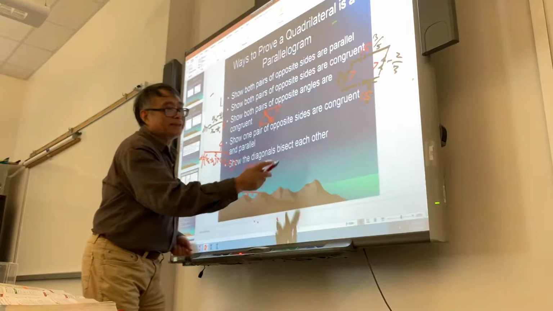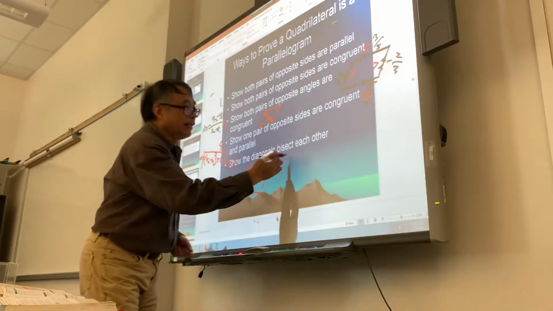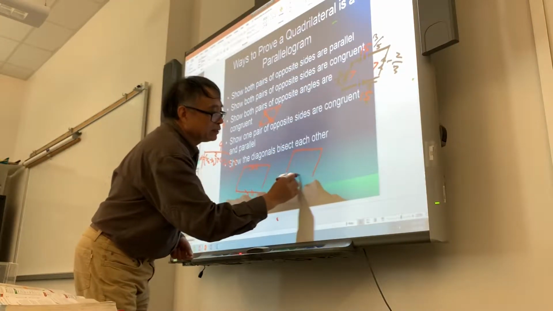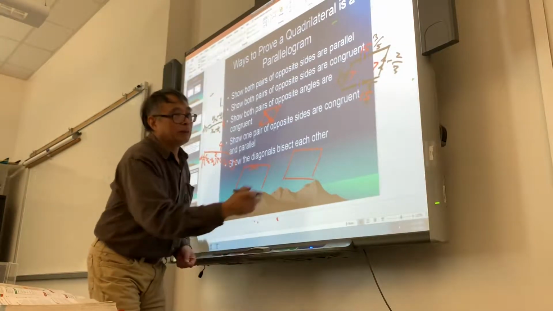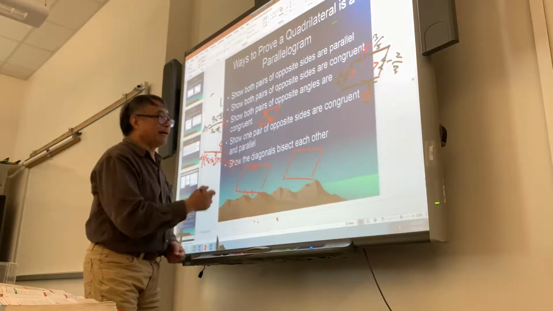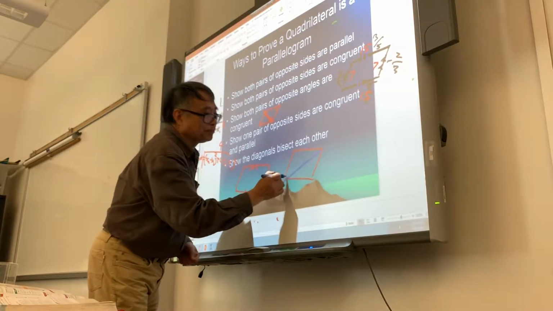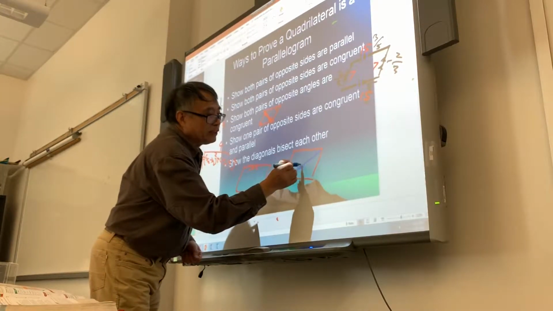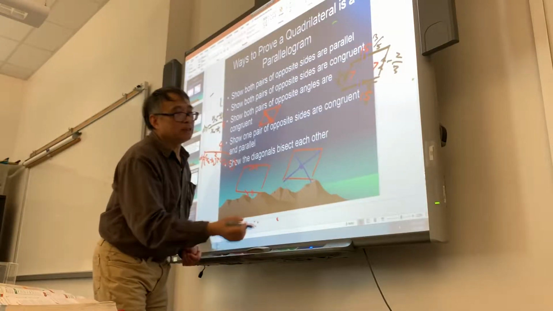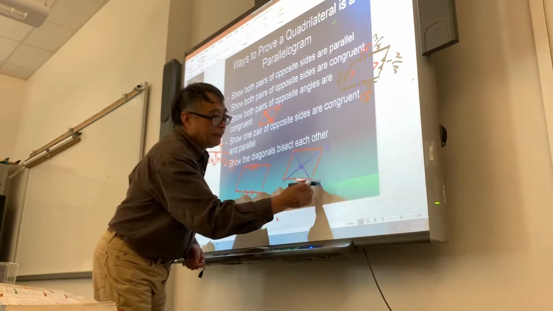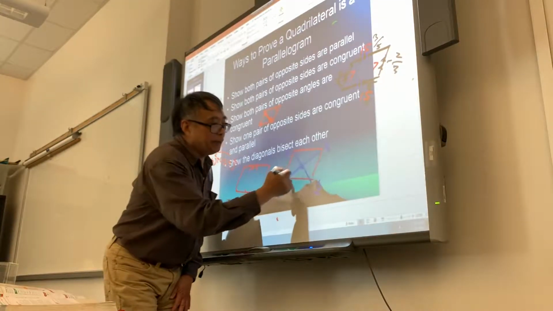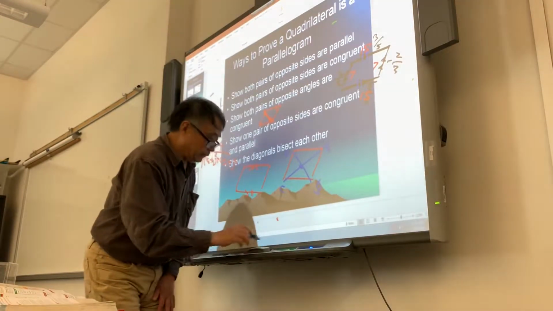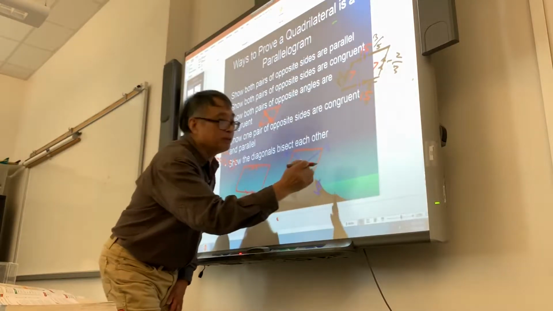Next, the diagonals bisect each other. This is good, okay? So for instance, we have a quadrilateral. We don't know if they are parallel. If the diagonals bisect each other, you find this point. So the points are A, B, C, D. You can use A, B to find the midpoint. Can you remember the formula?